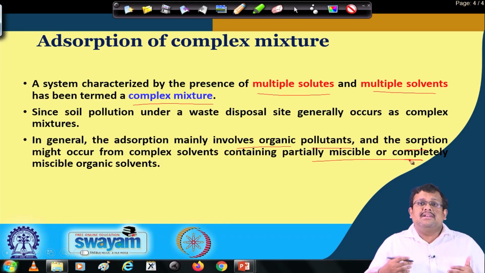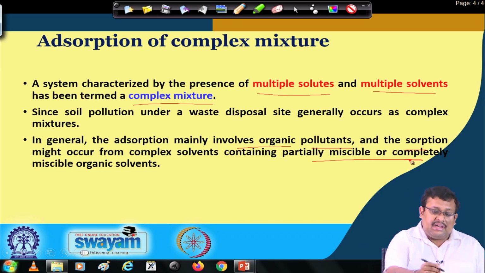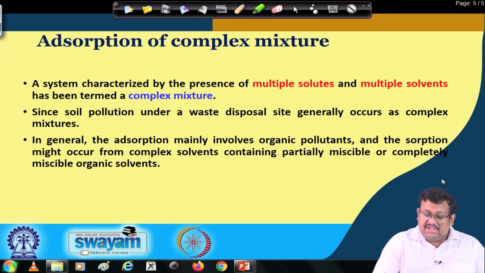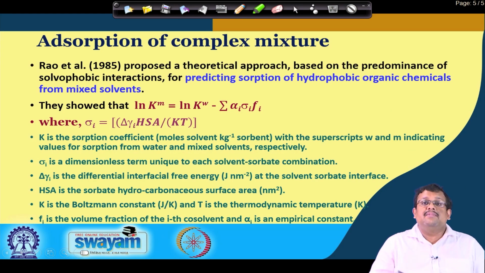Now, you might ask, how do we represent the adsorption from a complex mixture? To represent this mathematically, we generally follow an equation given by Rao et al. in 1985. They proposed a theoretical approach based on the predominance of solvophobic or hydrophobic interactions for predicting sorption of hydrophobic organic chemicals from mixed solvents.